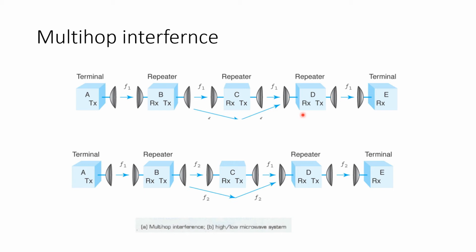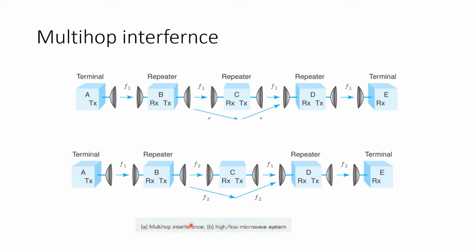Now if we receive one frequency and transmit another frequency, this problem of multi-hop interference can be avoided. That is the main reason why we transmit one RF frequency which is different from our received RF carrier frequency. So basically it is going to reduce our multi-hop interference.